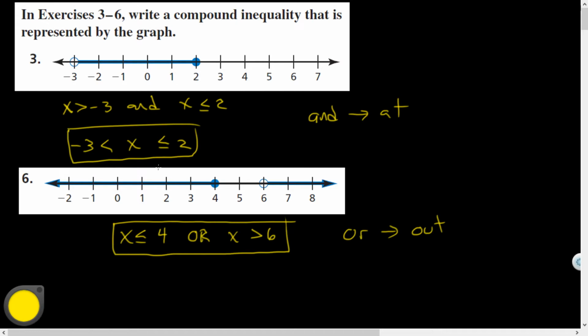Whereas up here, any solution must work for both of the inequalities, like 0 is bigger than -3 and 0 is less than or equal to 2, so it is a solution. However, 4 is bigger than -3, but it is not less than or equal to 2, so therefore it is not in the common solution set when I apply the AND logic.